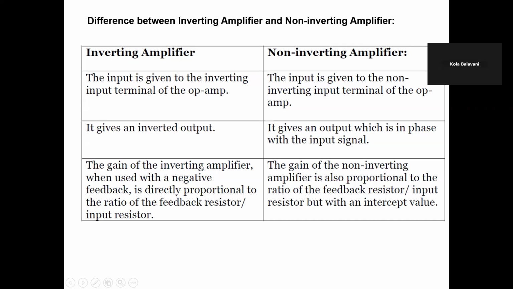The gain of the inverting amplifier with negative feedback is directly proportional to the ratio of the feedback resistor and the input resistor, that is, V naught by Vi equals minus RF by R1, where the feedback resistor is RF and the input resistor is R1. The gain of the non-inverting amplifier is proportional to the ratio of RF to R1 with an intercept value, that is, V naught by Vi equals 1 plus RF by R1. So these are some differences between the inverting and non-inverting amplifiers.